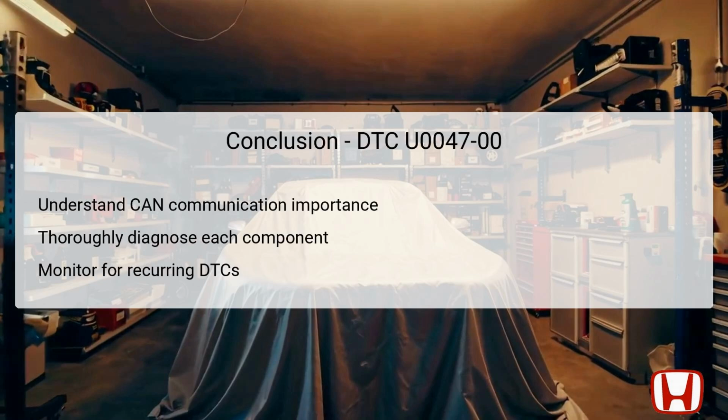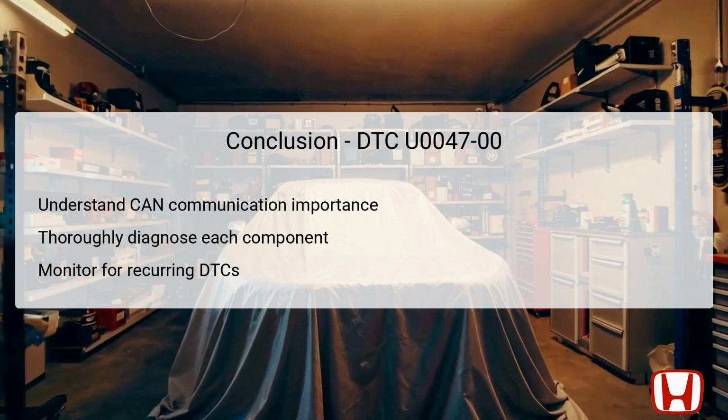In conclusion, addressing DTC U0047-00 involves a comprehensive approach to diagnosing problems within the CAN gateway's communication lines. Recognizing the importance of this communication is essential, as it underpins the safety and functionality of multiple vehicle systems. Each component linked to the CAN network must be meticulously checked for shorts or malfunctions that could contribute to the error code.